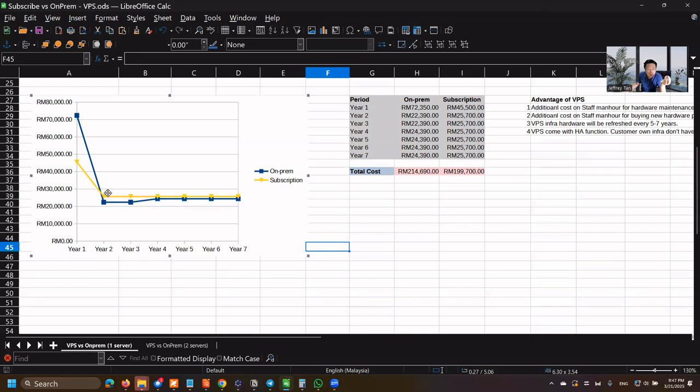And for cloud, after the first year, generally the cost every year will stagnate. I mean, it will stay at the same level. Why did it happen this way? Definitely, if you look into the detail, you might tell me that, hey, there will be fluctuation.